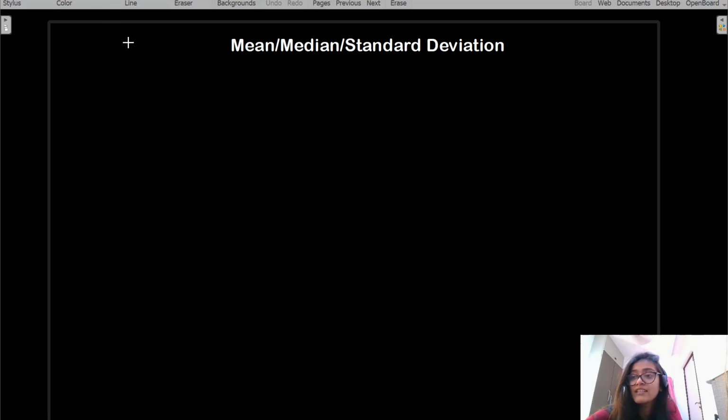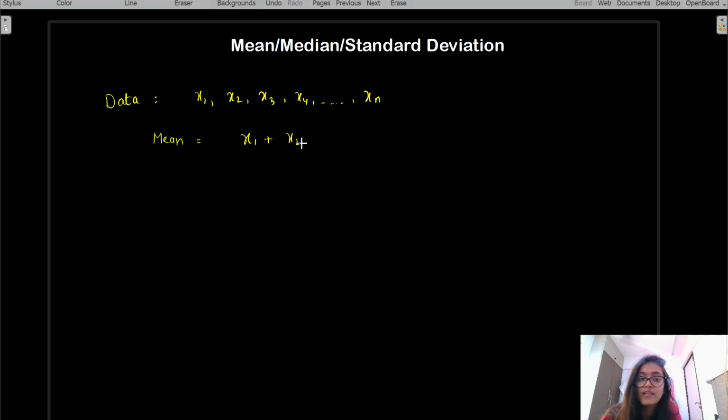If you have data and it has some values, for example x1, x2, x3, x4, and so on up to xn, and you need to find the mean of this data, what you'll do is add up all of these values: x1 plus x2 plus x3 plus and so on plus xn, and you will divide it by the number of values.